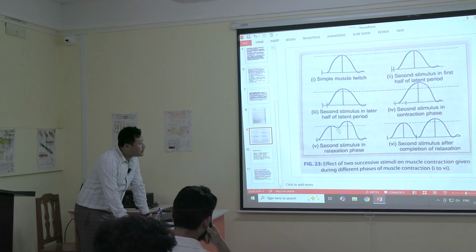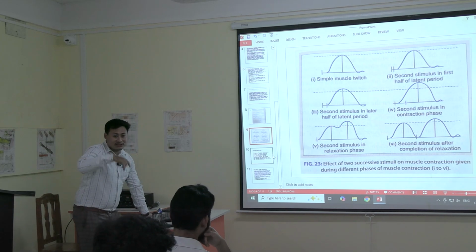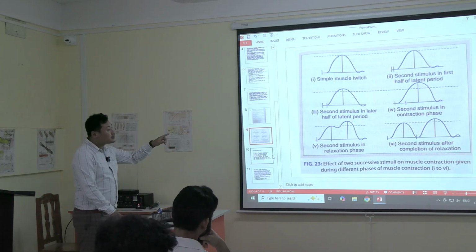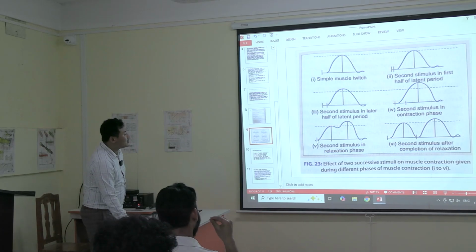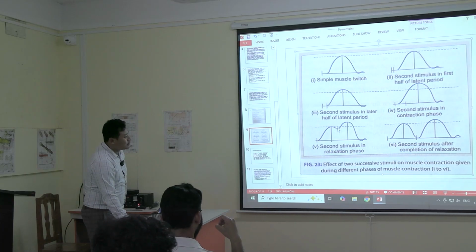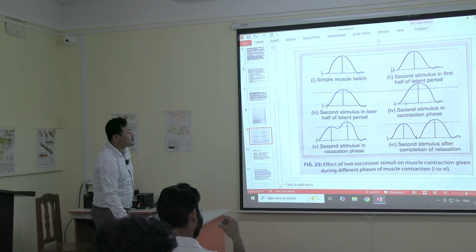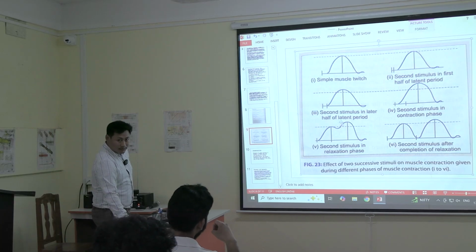So before relaxation, another stimulus was given, resulting in summation. So it resulted in an increased height of contraction for the second stimulus. Suppose this is the point of the first stimulus, then again here we have given another stimulus. In the resultant there is an increase. So this is the beneficial effect.